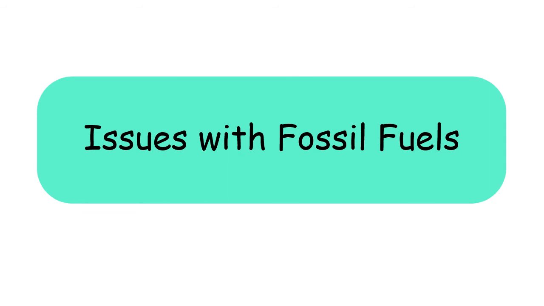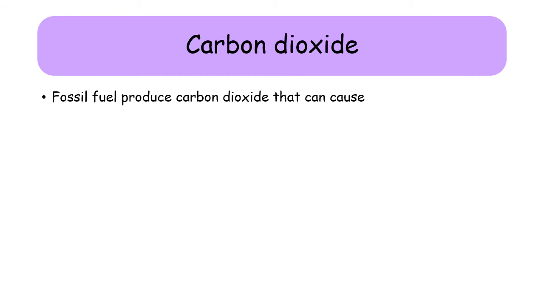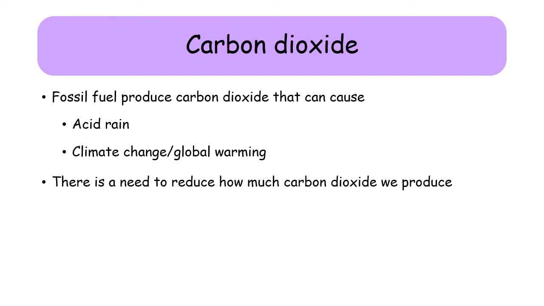Now, fossil fuels have issues. There are real issues with burning fossil fuels. Main one being carbon dioxide. So fossil fuels produce carbon dioxide, and it can cause a lot of bad effects. The main ones being acid rain and climate change or global warming, known as the greenhouse effect.